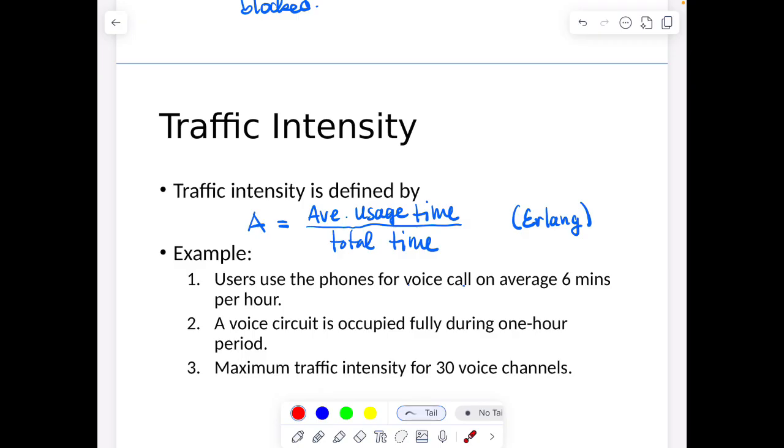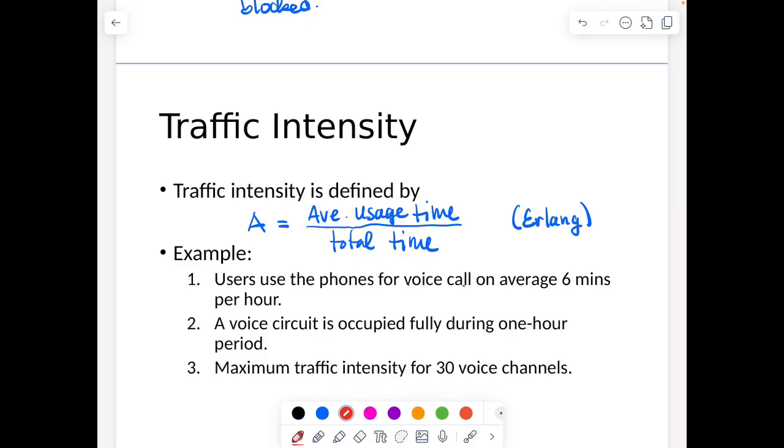How intense is the traffic? This can be measured by the average usage time of the network divided by the total time.